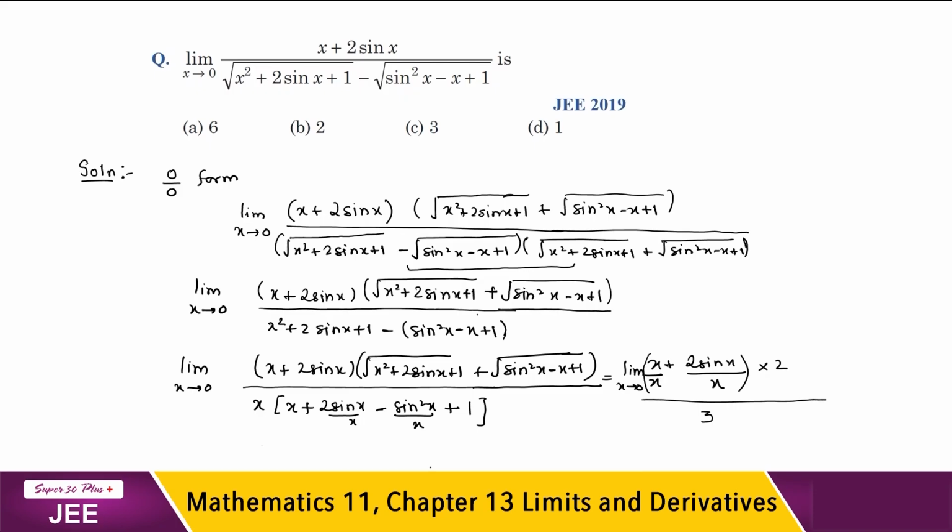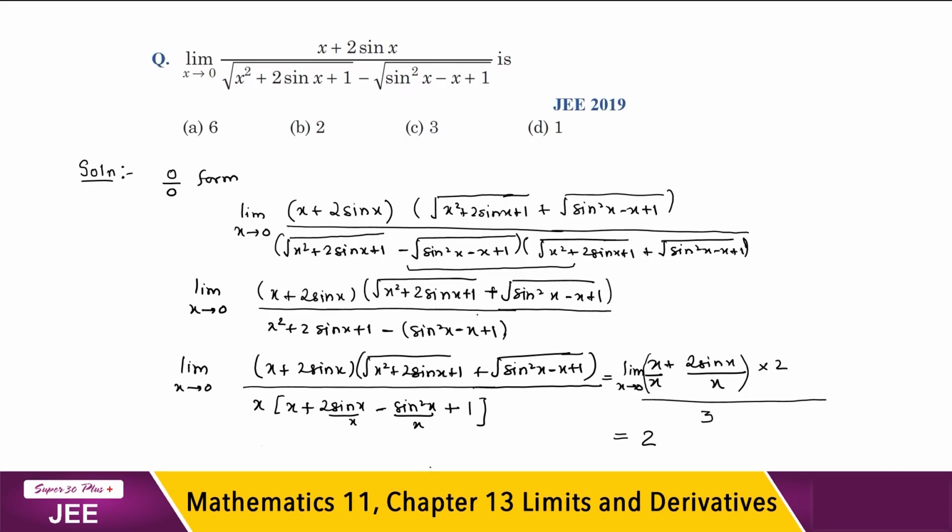Now when x is approaching to 0, the limit over here comes out to be 2 plus 1 following the standard limit. So we have 3 divided by 3 which is equal to 1 and it is multiplied by 2 in the numerator. So the answer comes out to be equal to 2. This is going to be the final limit of this question.